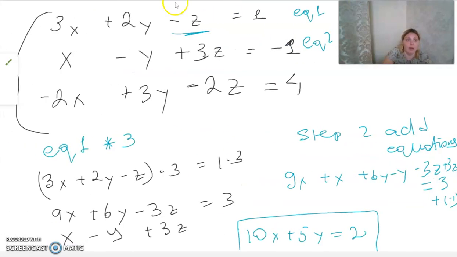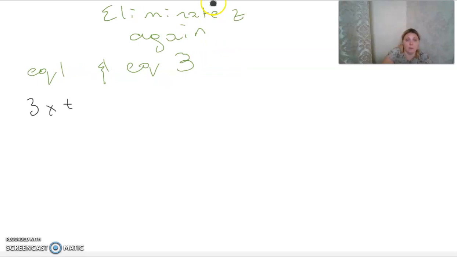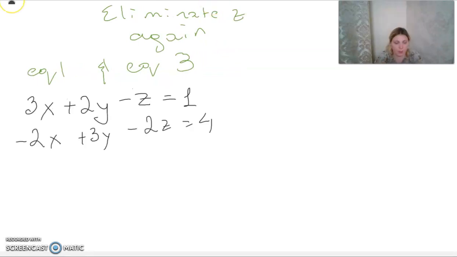So what did I have? I had 3x plus 2y minus z equals 1. We already saw this one. And this one we haven't worked with yet: 2x plus 3y minus 2z. Right? So once again, I'm eliminating z.